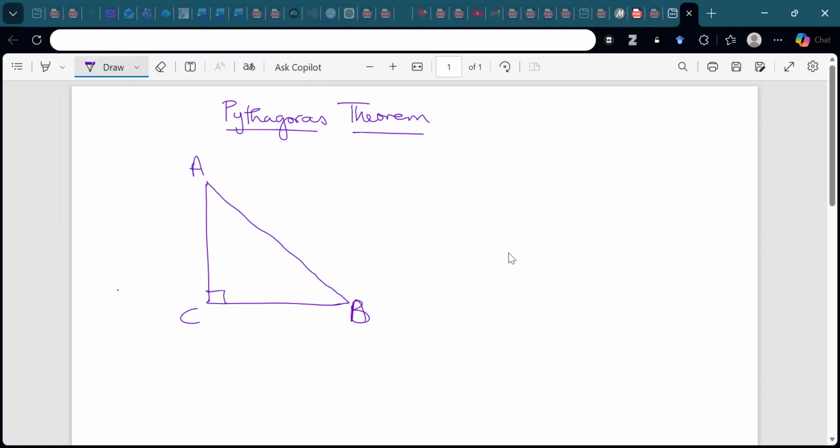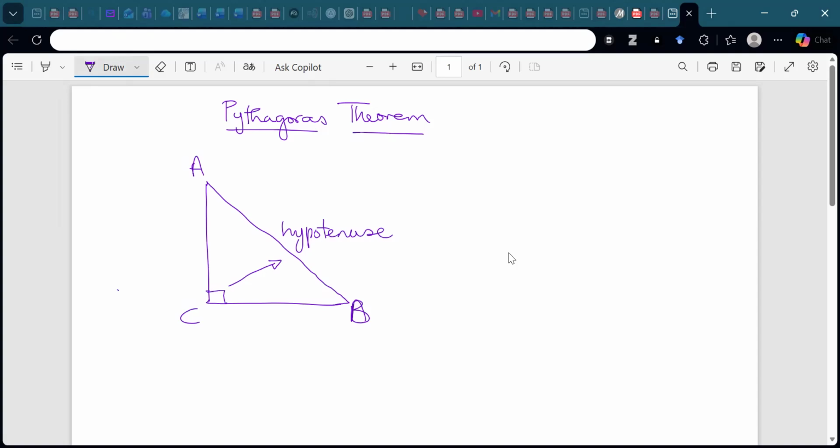We can always look at it like this little corner right here is pointing to the opposite side, which we call the hypotenuse. So how do I identify which side of my right angle triangle is my hypotenuse?